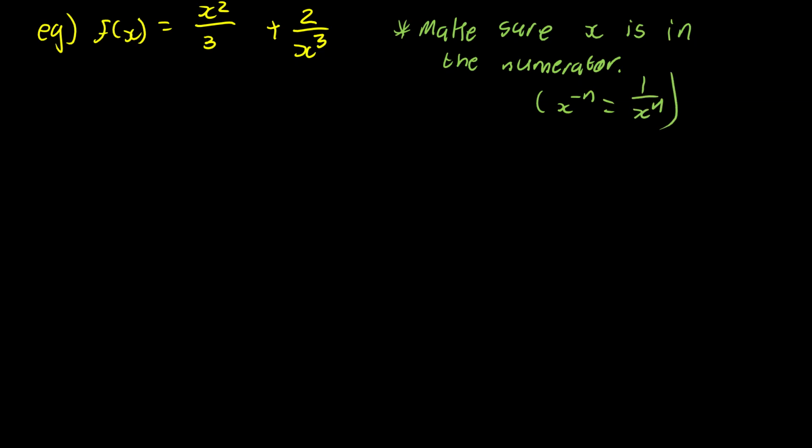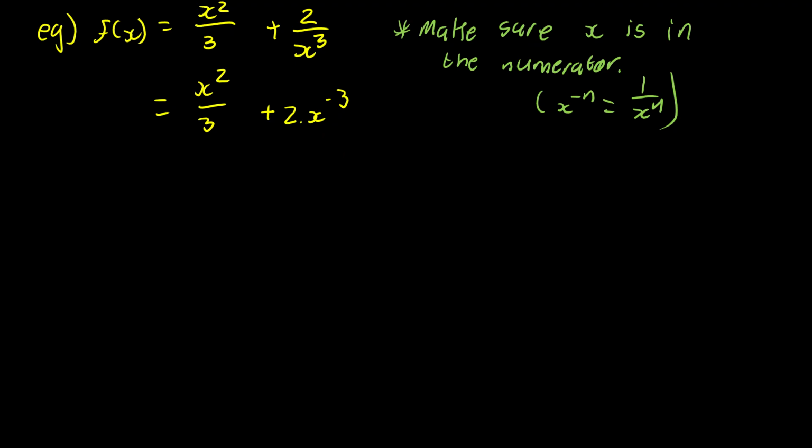In this example, that means this first term does not bother us. And then from there, we move this x to the power of 3 up. So it becomes 2 times x to the power of negative 3. Again, the only reason we're doing this is to avoid extra rules, and just to focus on those three rules.